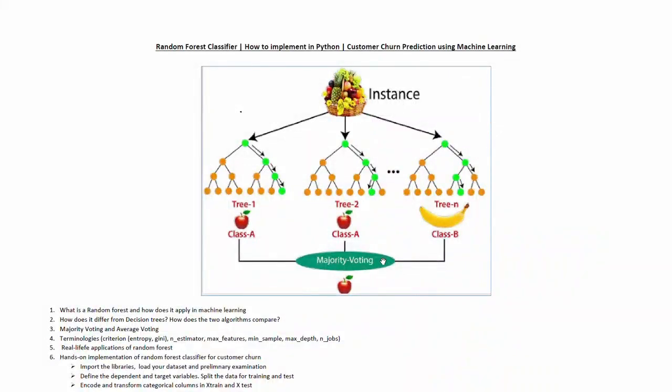In the case of classification, it uses majority voting. So if you have 100 trees and 70 of those trees predict class A and 30 of the rest of the trees predict class B, then due to majority voting, class A is going to win the prediction.